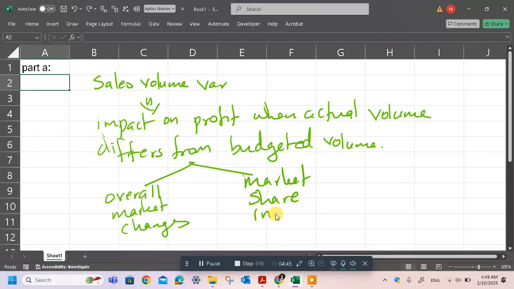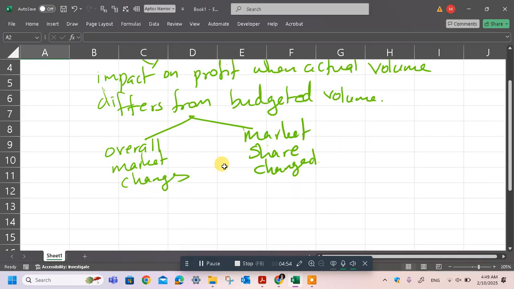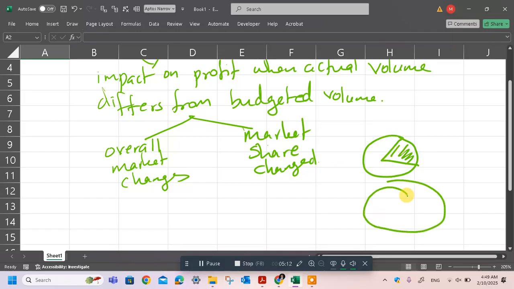Rather than saying increase, let's say changed. So your relative performance compared to your competitors has changed. If I put it in a diagrammatic way, this is the market and this is the share you expected. Market size changes means this circle becomes bigger, the overall market becomes a bigger or smaller market.